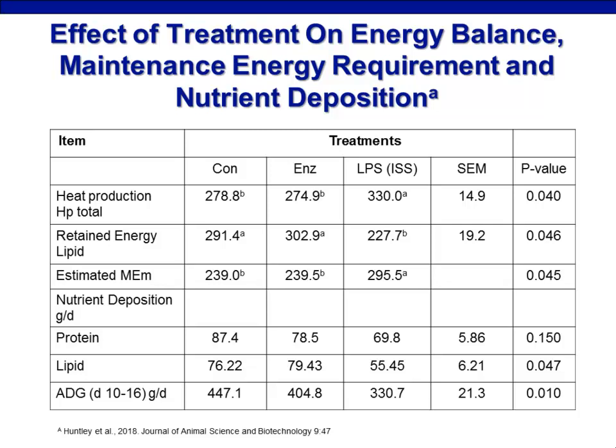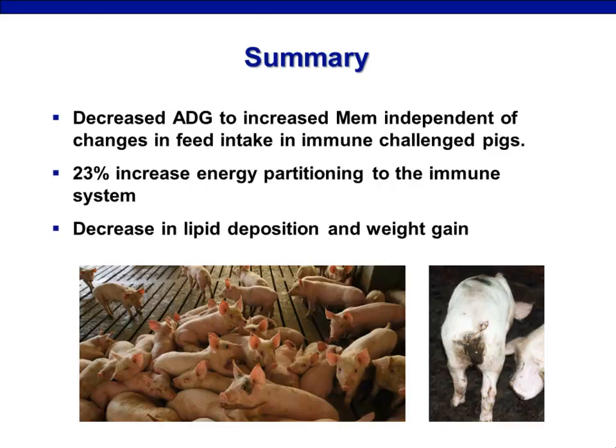So we talk about inflammation, and let's give you a few examples here in a second. So if we look at this and look at the summary, what do we want to think about: decreased average daily gain to increased metabolizable maintenance, independent of the changes in feed intake in immune-challenged pigs. 23% increase in energy partitioning to the immune system.